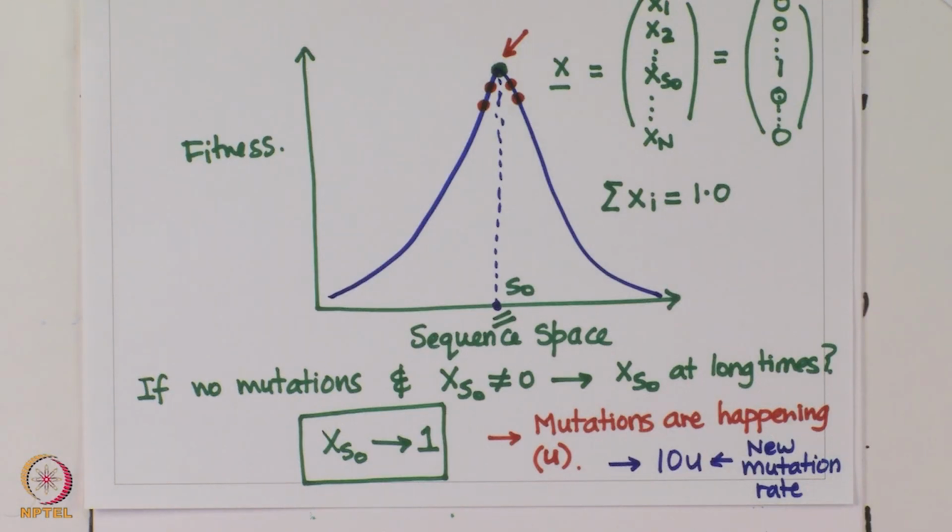Again, think about this and see if you can develop an intuitive picture as to what should happen at steady state. Now, what should come to mind is that the distribution of the population around the peak gets widened as mu increases, and now you have more genotypes available at steady state which are coexisting with the fittest genotype that's defined by the sequence S naught.